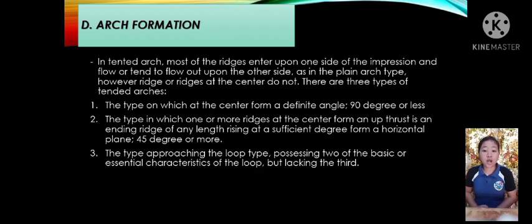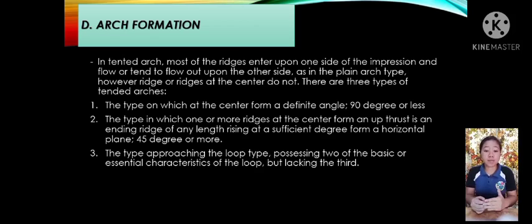In tented arch, most of the ridges enter upon one side of the impression and flow or tend to flow out upon the other side, as in the plain arch type. However, the ridge or ridges at the center do not.